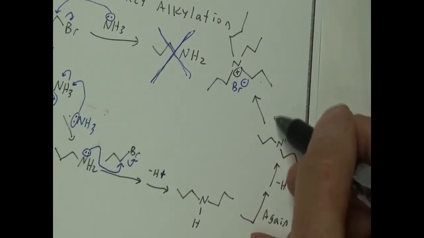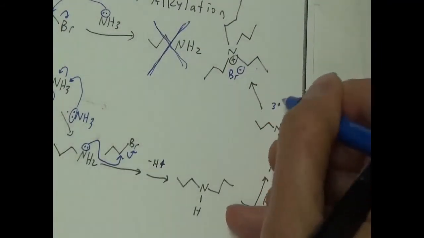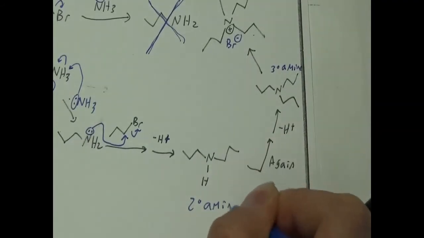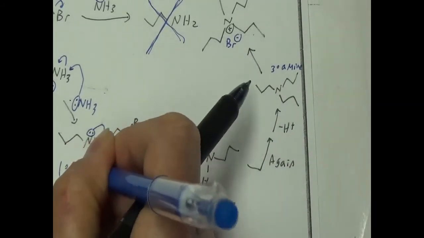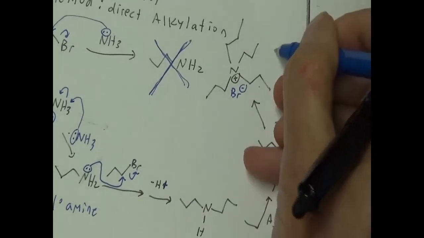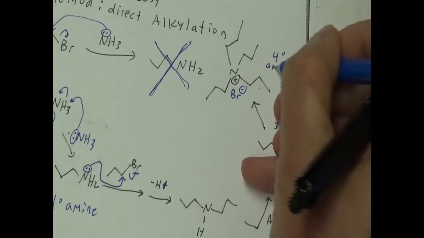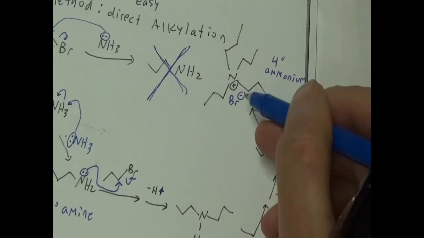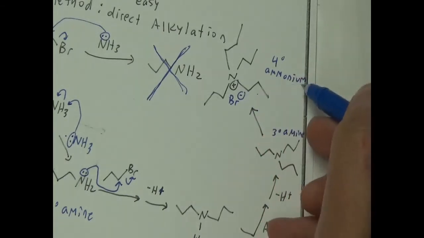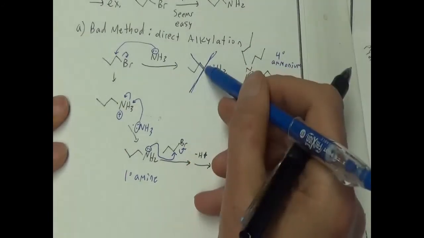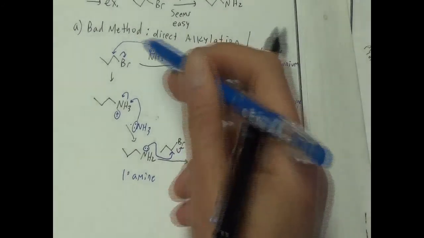And you go from your tertiary amine, remember tertiary amine, secondary amine, primary amine. What's this one called? It's the quaternary ammonium. Why is it ammonium? Because it's got 4 things and it's got a positive charge. Yum. Alright, okay. So we wanted to do this, but we got this, and that's why it's a bad method.